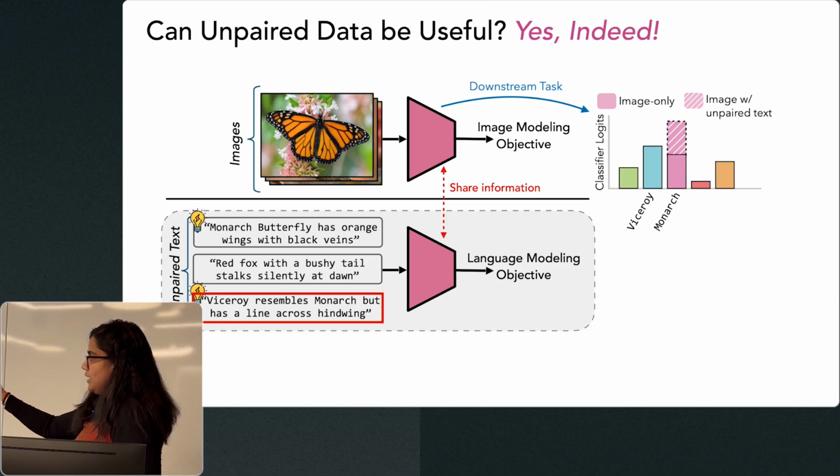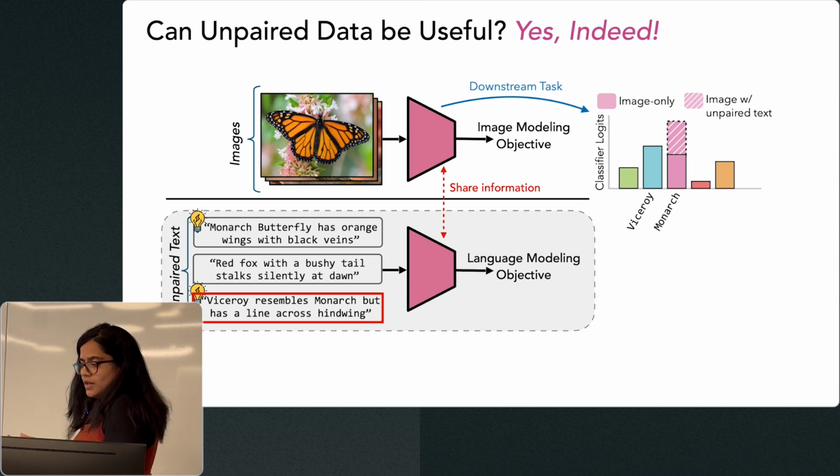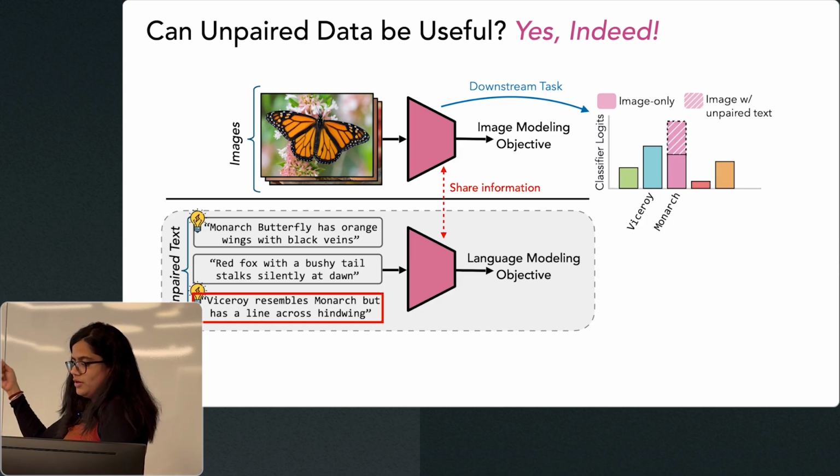So that is the whole idea. Even though this particular text prompt is not paired with this given image, at the whole distribution level, there are some features which might be useful for the image model. If we somehow enforce the text information to be consistent with the image information by making some sort of consistency loss between the image model and the text model, then we can actually improve the predictor of an image-only model by just using this extra text data.